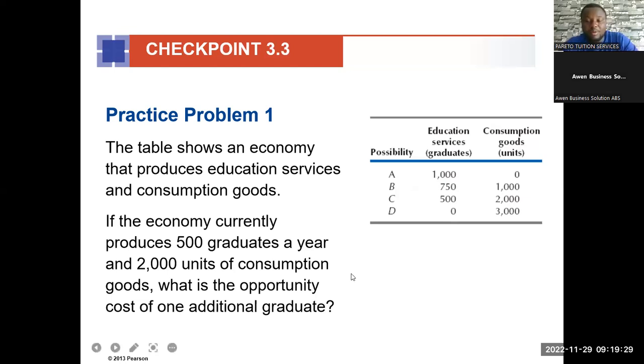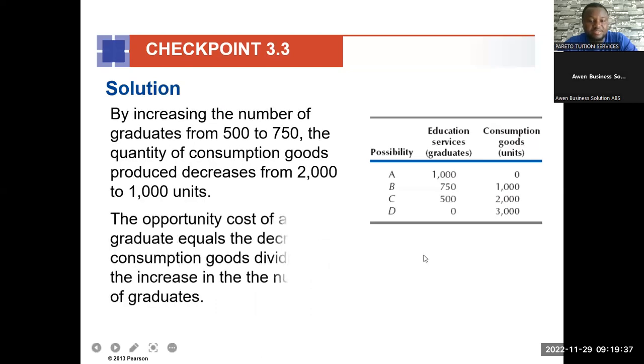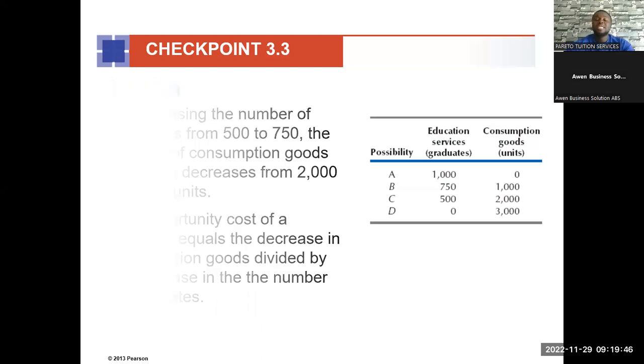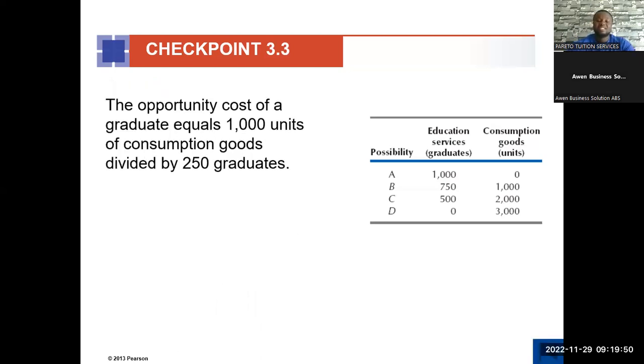Remember, the opportunity cost will be the decrease divided by the increase. So that will be 1,000 divided by 250, which is 4. What this means is that if you want to increase the educational services by 1, you have to sacrifice 4 units of consumption goods.